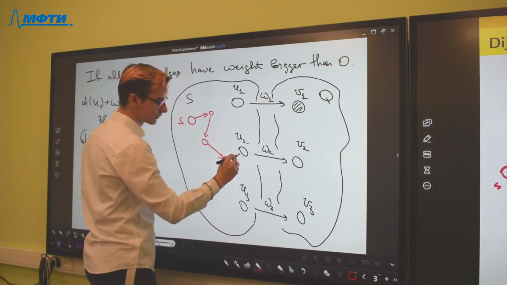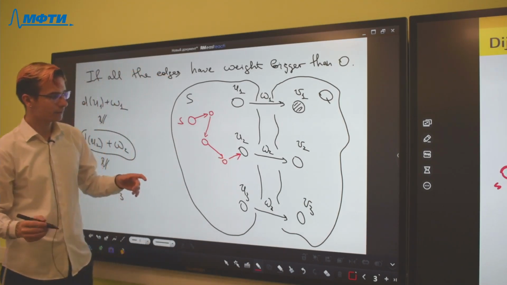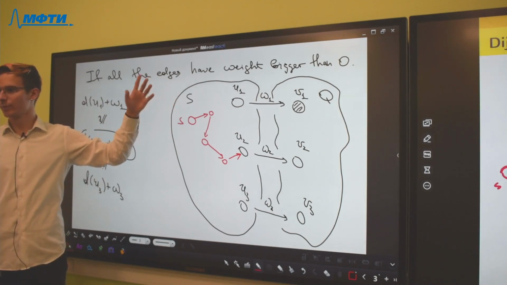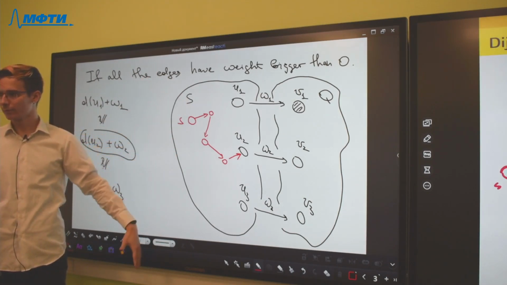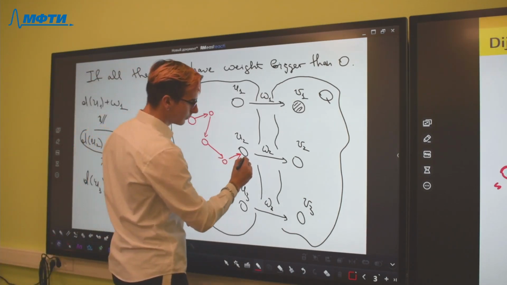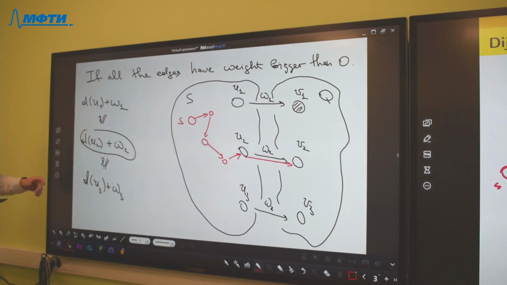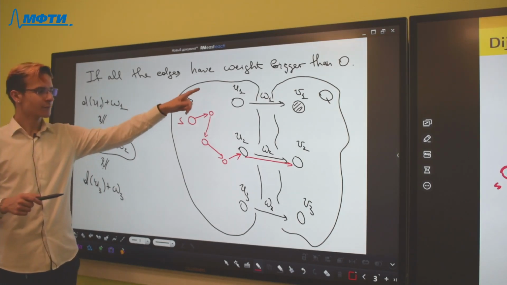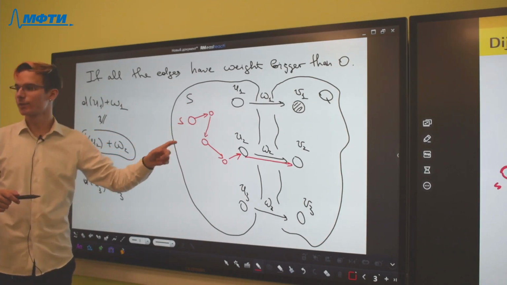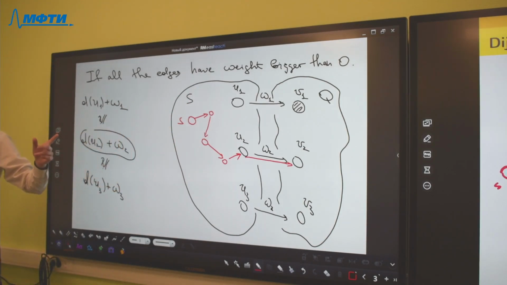Then we go to U with index 1, 2, or 3, and then go to the V. And we know that the distance from U vertices to the source is equal to the shortest distance between it and source.